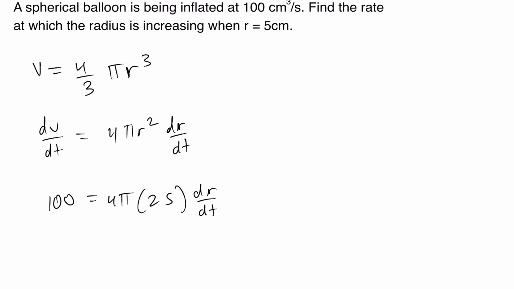And then when we simplify this out, 100 is equal to 100 pi dr over dt. And when we isolate for dr over dt, dr over dt is simply going to be equal to 1 over pi centimeters per second.